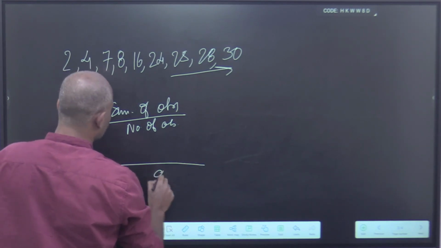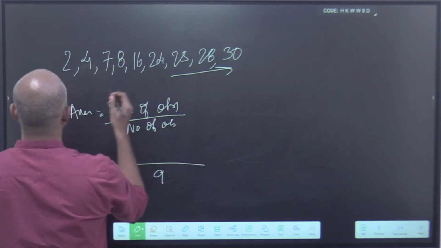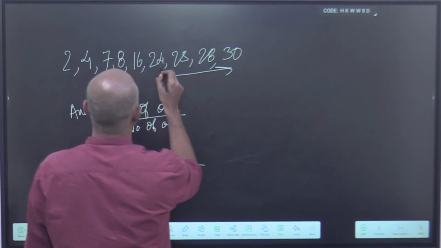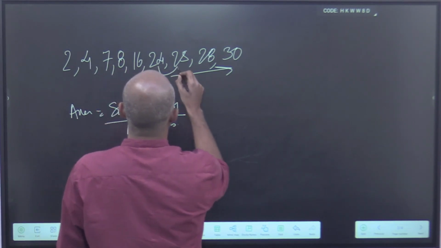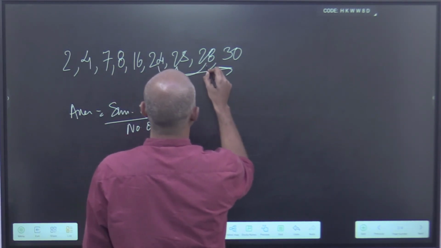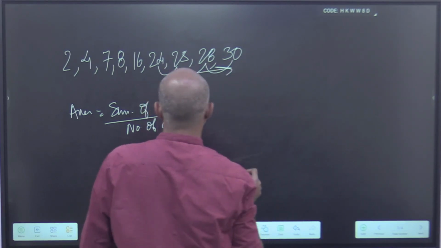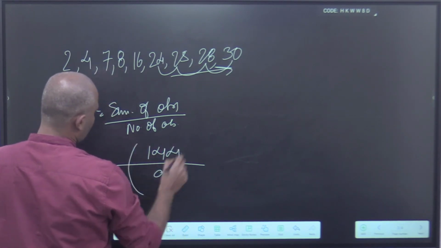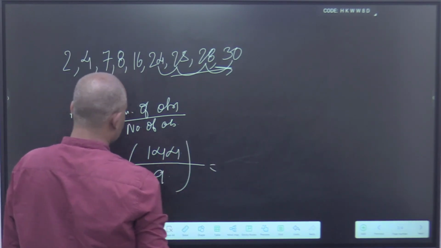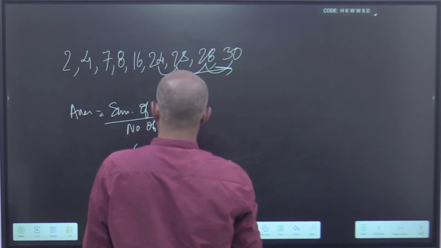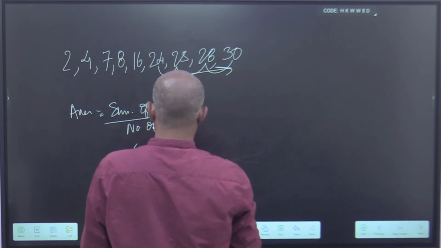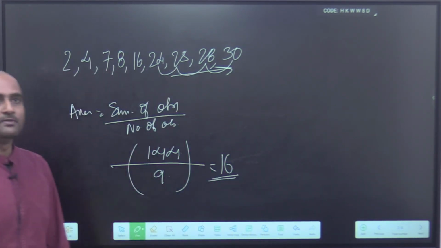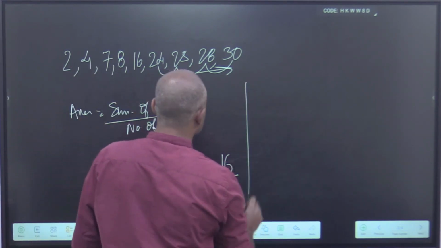So there are 9 observations. Now let's do their sum: 6, 13, 21, 37, 39, 25, 38, 38, 132. Okay, 140. It is 144. So 144 by 9 will give you 16. So this was the basic way.